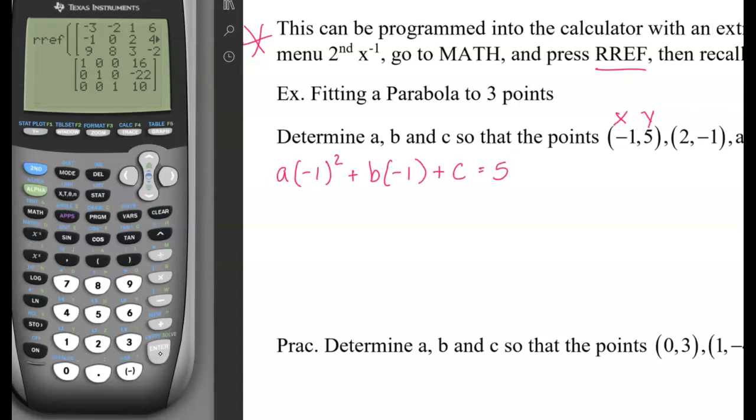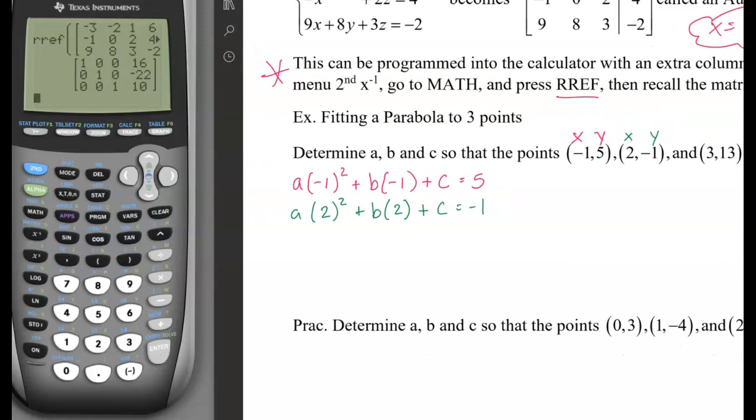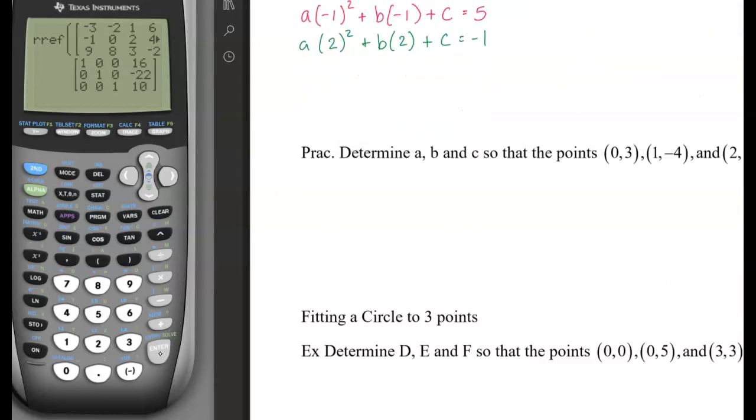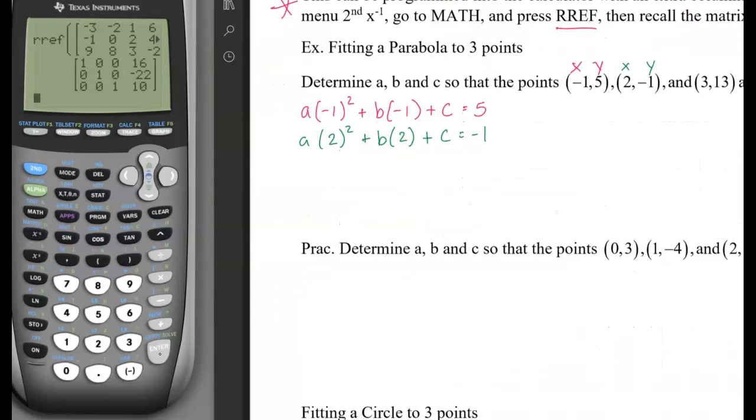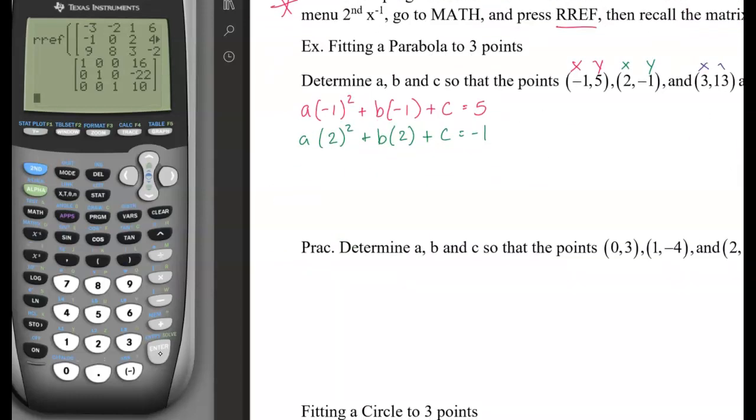The second equation that I'm going to create, technically it's the same equation, but now I'm going to be inputting the second point. I have A times this time 2 squared plus B times again 2 plus C is equal to my Y, which is -1 for this second point. Then I'll repeat for the last point.